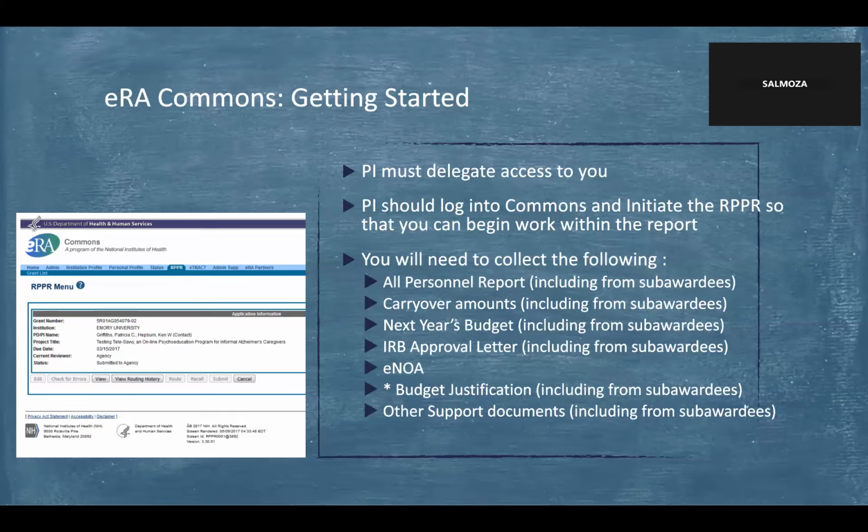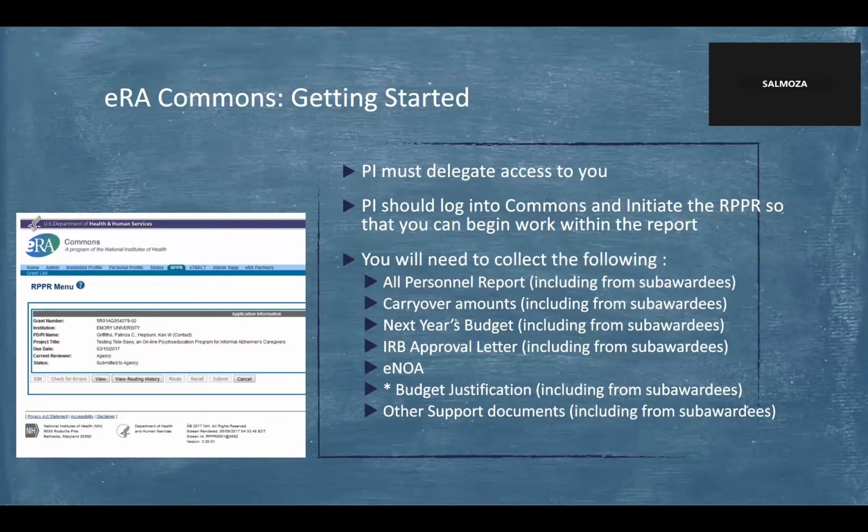You'll need to put together a projection to estimate your carryover amount and obtain any anticipated carryover from any sub-awardees. We typically will put together a draft budget, even if it's a SNAP award, just to have a sense of what we can include, what works and what doesn't work.